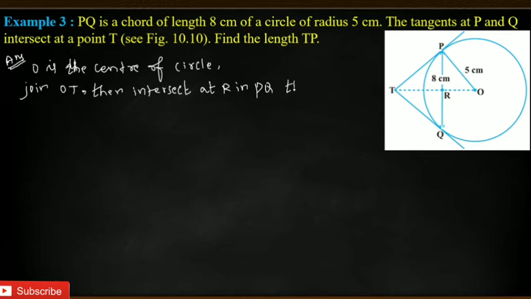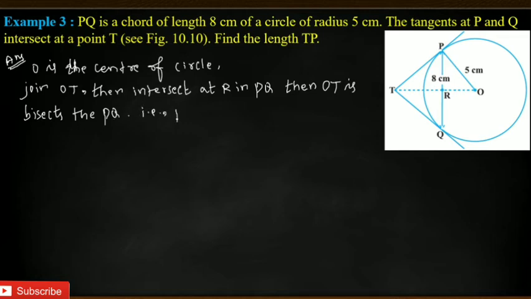If it is intersecting, then definitely OT bisects the PQ. That is the meaning of this line.